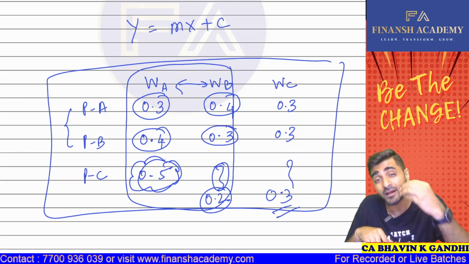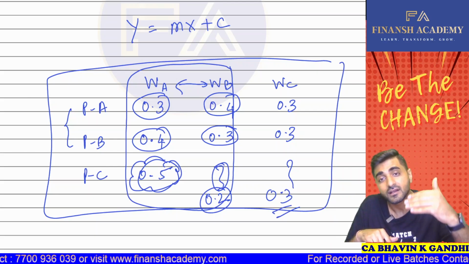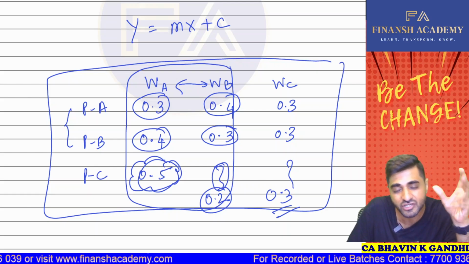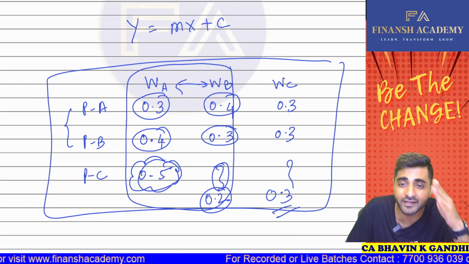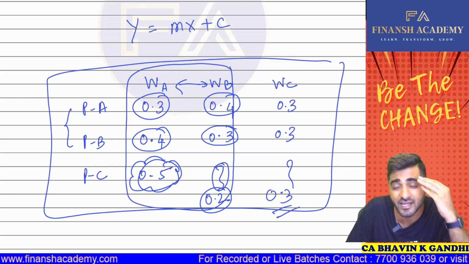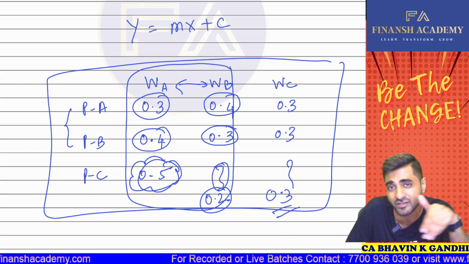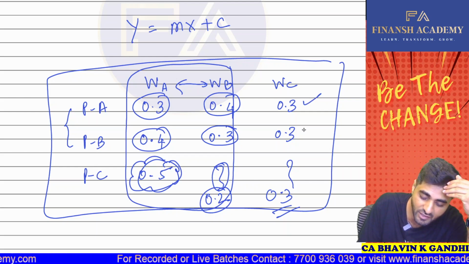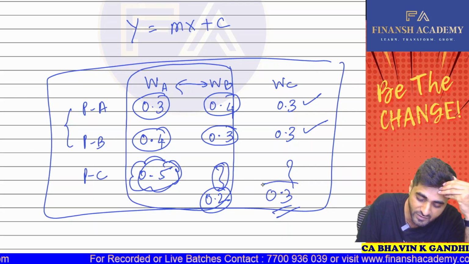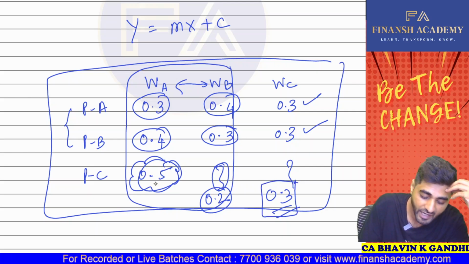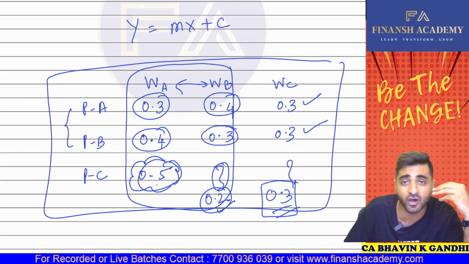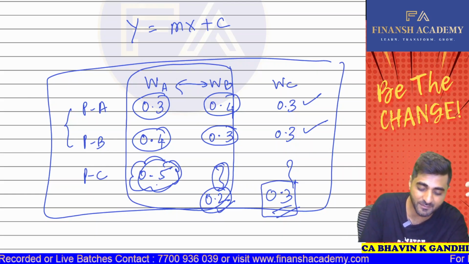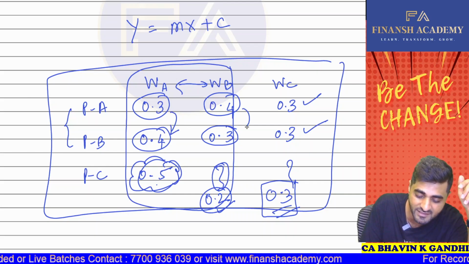Then we have to determine what should be the weights of the other security, and based on this relationship, we can do it. You are all very intelligent, you can just analyze the data by seeing and come to know what should be the weights of B and C. Usually my students tell me, sir, this is 0.3, this is 0.3, so this also has to be constant 0.3, and if this is 0.5, this has to be 0.2. Also, if this is increasing by 0.1, this is decreasing by 0.1.